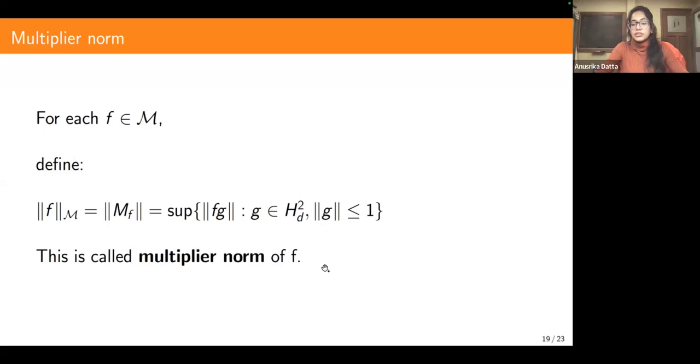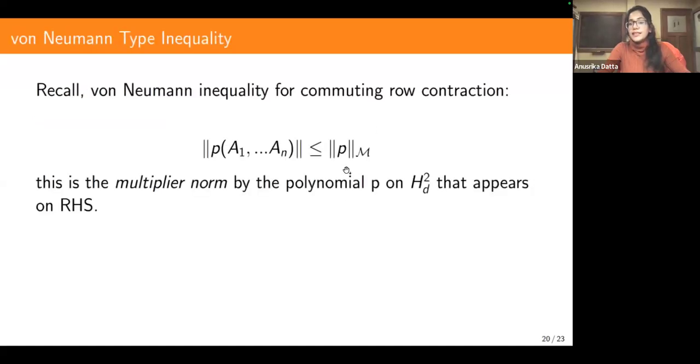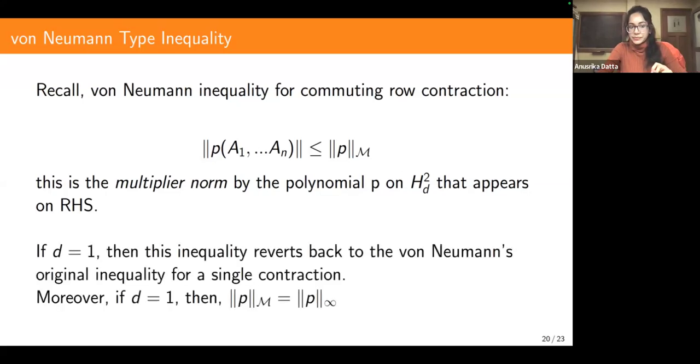Now, if you remember when I stated the von Neumann inequality, the version for higher variable, higher dimension spaces, on the right side we had the norm, which is actually the multiplier norm. So for getting this inequality, we had to introduce a multiplier norm on the Drury-Arveson space.